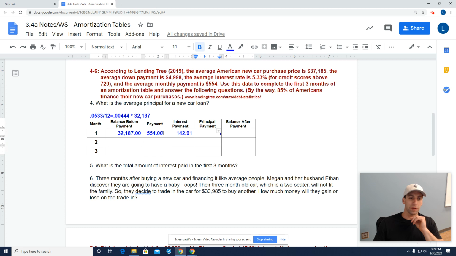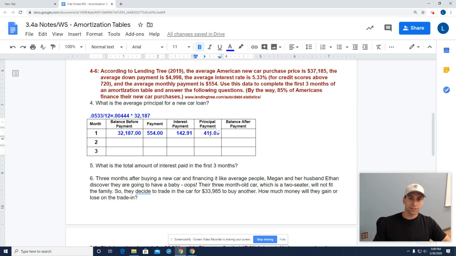So I sent them a payment of $554, $142.91 gets to go into their pocket. So I'm going to subtract that $142.91 that they get to keep, and that gives me $411.09 going towards the principal. I just subtracted those two to get that number.